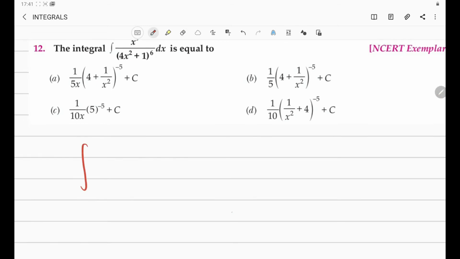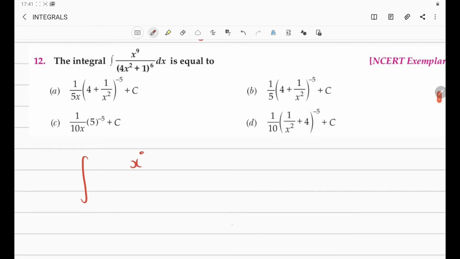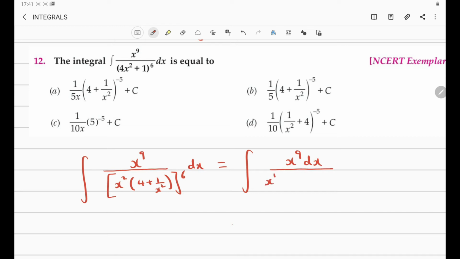So we get this as integral of x to the power of 9 divided by, here if we take x square common, we get 4 plus 1 by x square whole to the power of 6 dx, which is integral of x to the power of 9 dx divided by x to the power of 12 into 4 plus 1 by x square whole to the power of 6, or we can write this as x power 9 by x power 12 is x to the power of minus 3 dx divided by 4 plus 1 by x square whole to the power of 6.